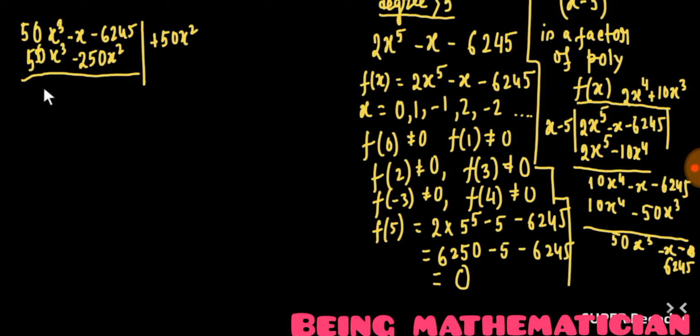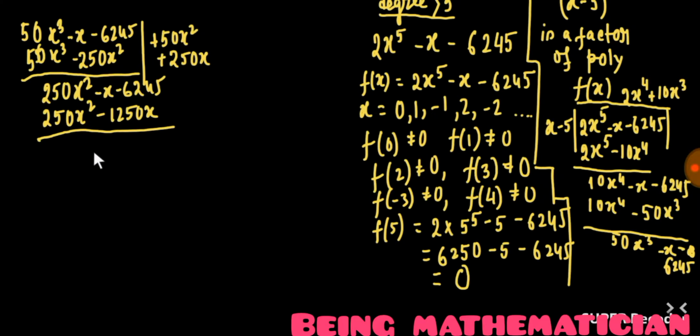Now we get 250x square minus x minus 6245. Now we should take plus 250x. So it will be 250x square minus 1250x.